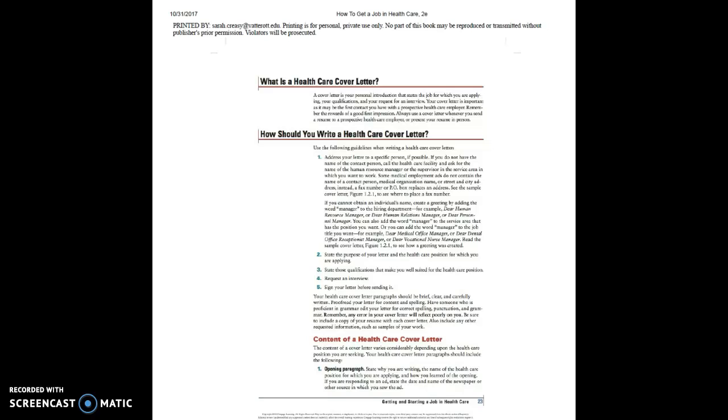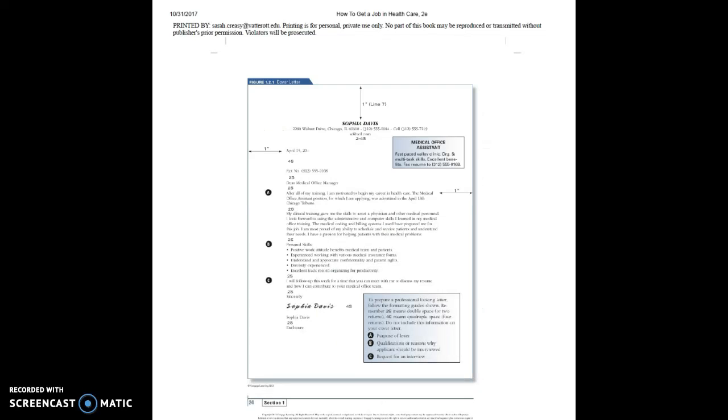But the other idea is to ask for something. The whole point of sending a resume and a cover letter is that you want an interview and you want a job. So ask for that. Make sure that you are signing your cover letter. Because a lot of times, we get a lot of things through electronic means nowadays. So they want to make sure that it truly is coming from you and not some unsolicited third party. So make sure you're signing everything.